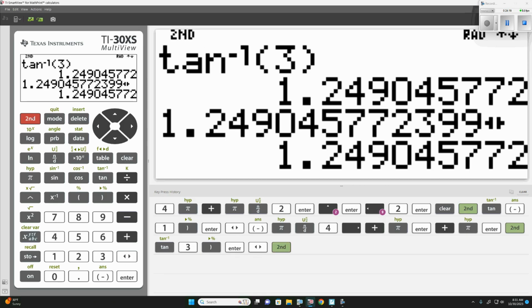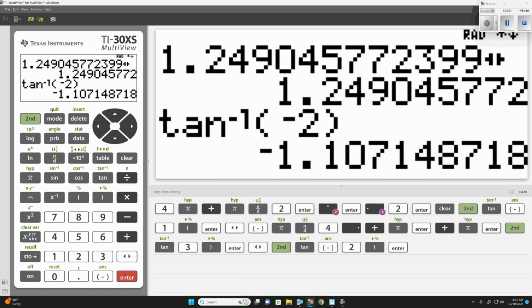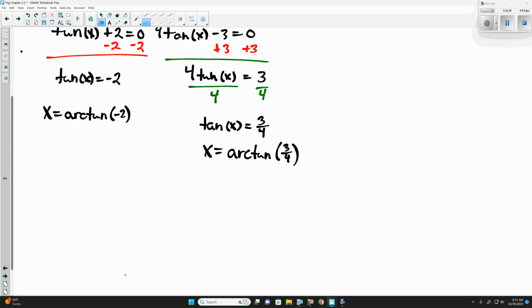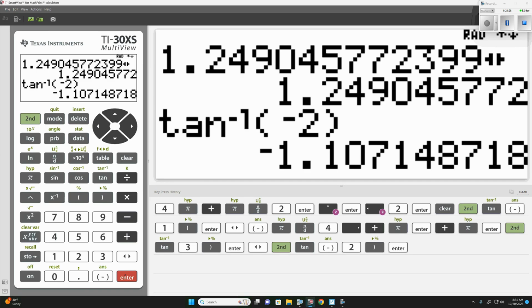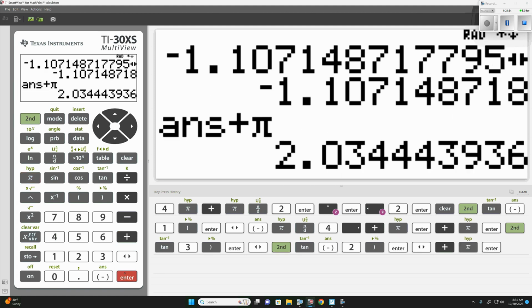So we can do arctangent of -2, is one of them. And still not a nice number. But we can add pi to it, which would give us this here.